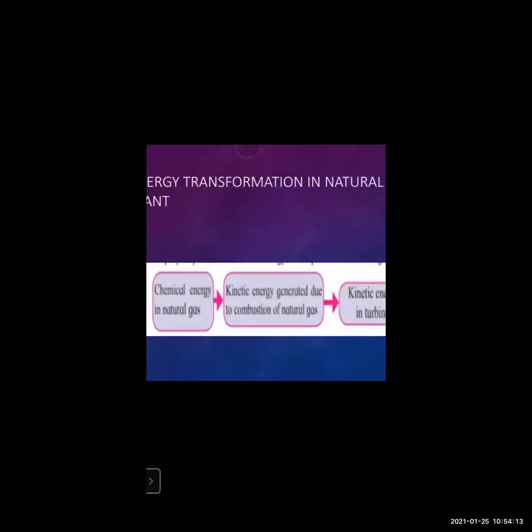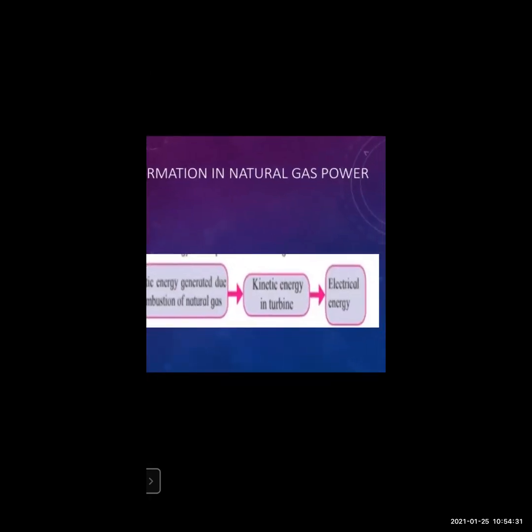Here the chemical energy present in the natural gas gets converted into heat and kinetic energy generated due to combustion of natural gas, which is then converted into kinetic energy in the turbine, and this kinetic energy in the turbine generates electrical energy.